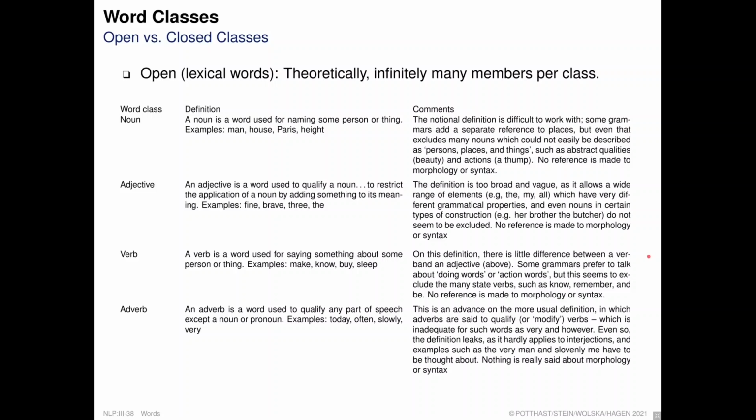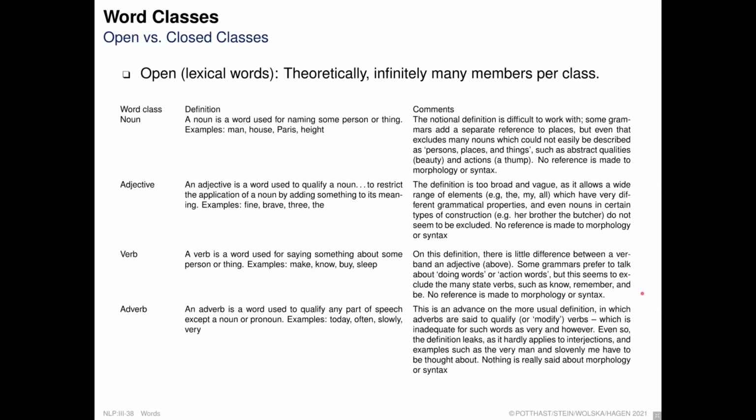A verb. Again, it seems like there's no problem with verbs. Verbs are used to say something about a person or a thing. Typically it denotes an action. But again, there is a problem with verbs, because if it says something about some person or thing, and we say it's only an action, then it's fine.